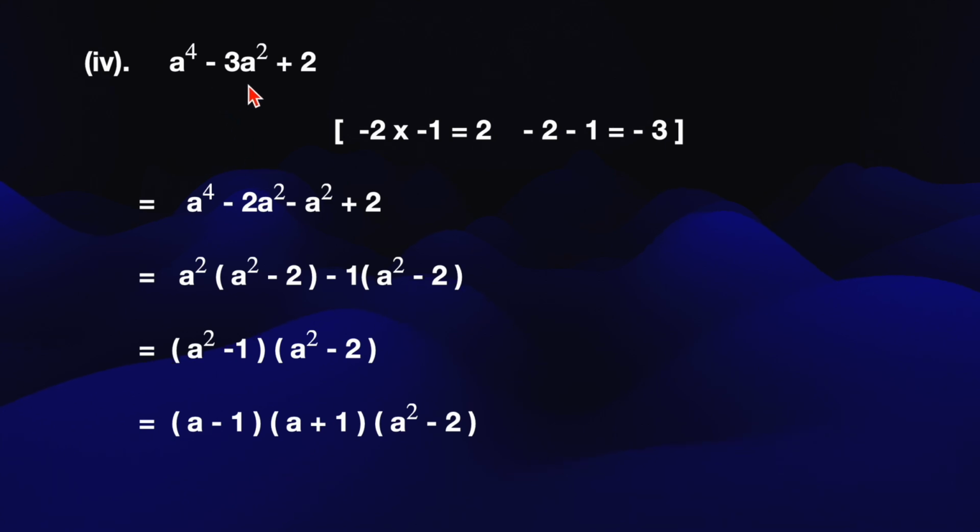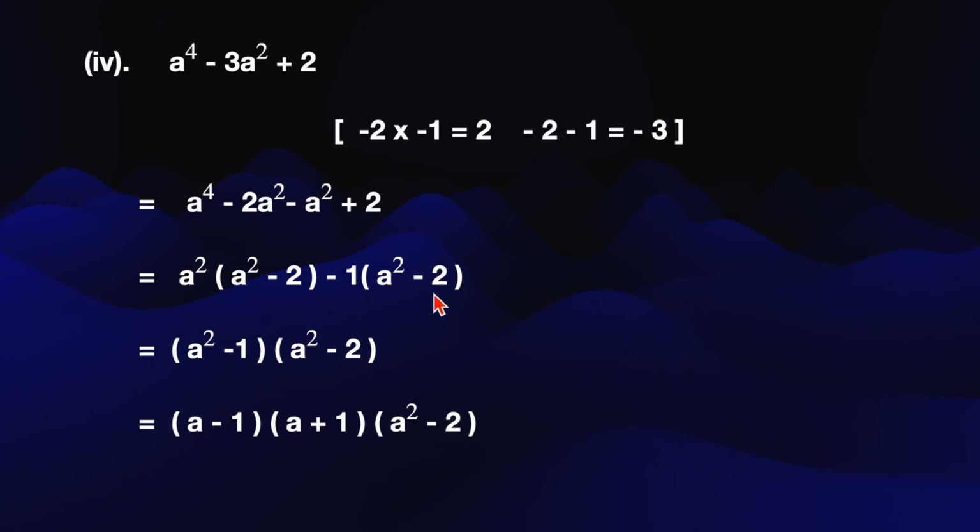So write down minus 3 a square as minus 2a square minus a square like this. Okay, take these two terms. A square is common. Here this becomes a raised to 4 becomes a square, and here a square you have taken out, so minus 2. Here minus 1 is common, so a square minus 2 is left in the bracket.